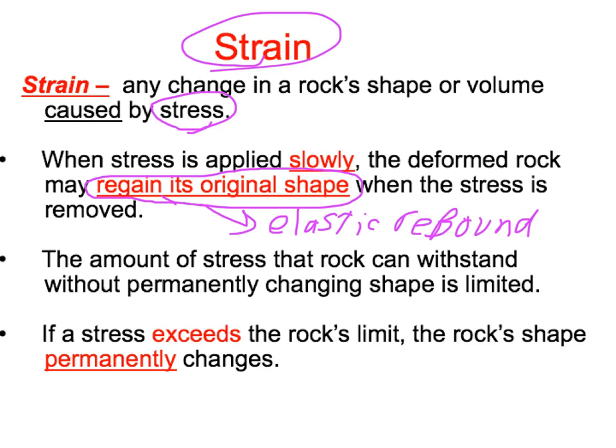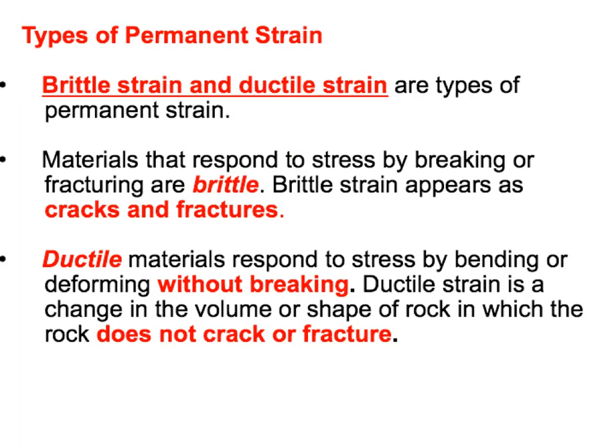However, just like a rubber band, if you pull rocks too far, if the amount of stress is exceeded, we get a permanent change. And then the rock does not snap all the way back to what it originally looked like. There are two types of permanent strain. We're not really going to worry about the strain that's not permanent. There's brittle, which means that the rock is going to crack and fracture and break.